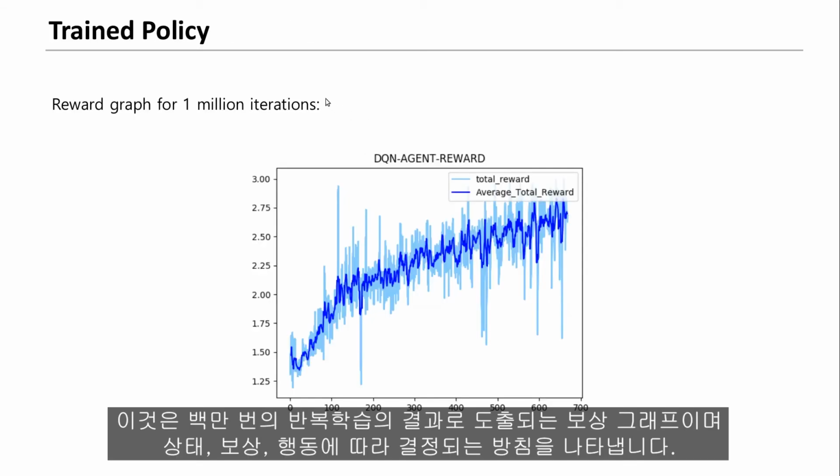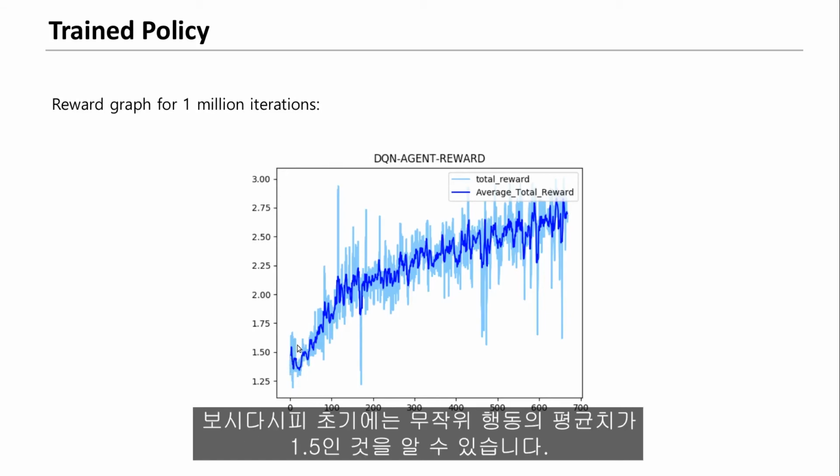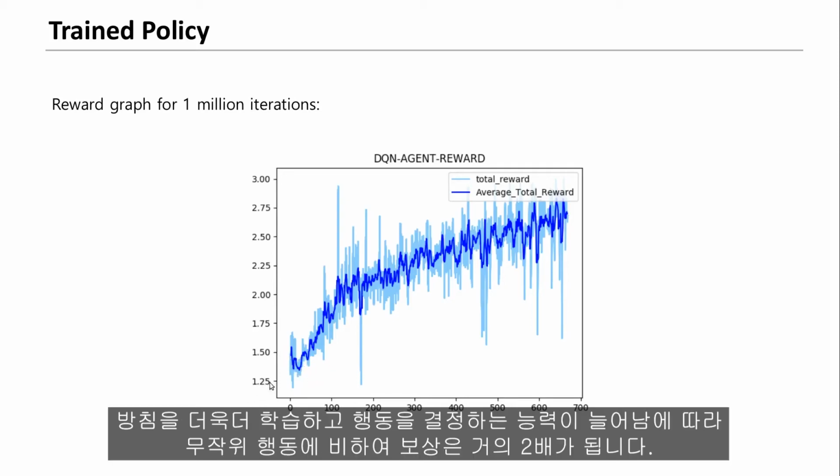Here I show the reward graph for a policy that was trained using the state, action, and reward design that I presented for 1 million iterations. And you can see that at the beginning, when it takes random actions, the average reward is just 1.5. But after the policy is learning and it has more power to choose the actions, the reward is almost 3, almost double from a random policy.